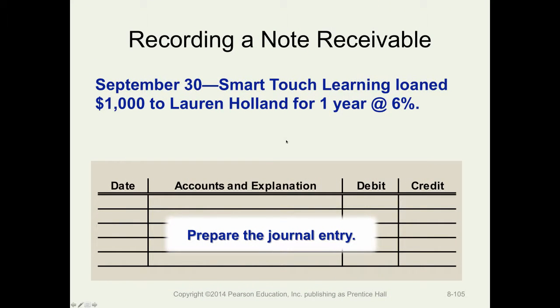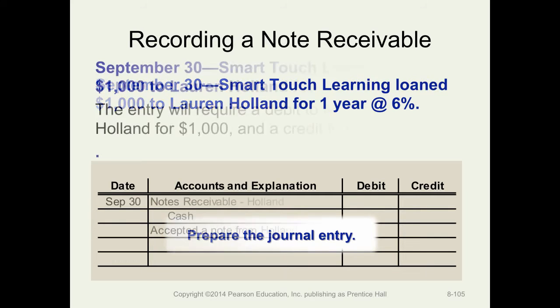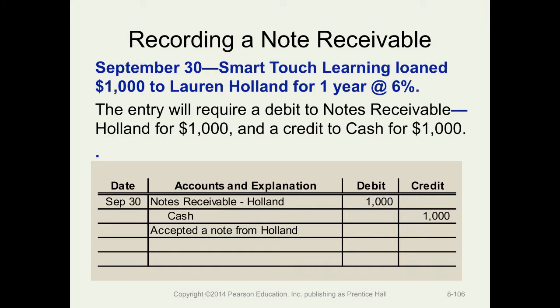So let's take an example. Smart Touch Learning extends credit of $1,000 to Lauren Holland for 6% for 1 year. The journal entry required when we issue the note is going to be a debit to notes receivable, once again specified by the individual that's borrowing the money, Holland. Depending on the volume of notes receivable used, you could have a notes receivable subsidiary ledger.